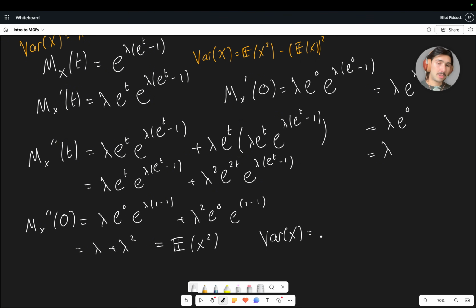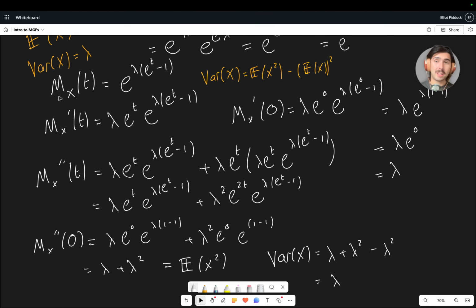So it's lambda plus lambda squared minus the expected value of x, the first moment, actually squared. So the first moment, again, it was lambda. We did it. It's up here. And we need to square it. So it's just lambda squared like this. And you guys can see that it's just lambda. And so this is, again, exactly what we expected it to be because the variance of a Poisson random variable is lambda, so it works.